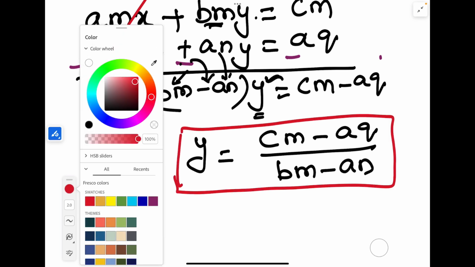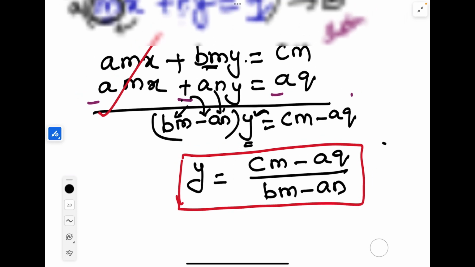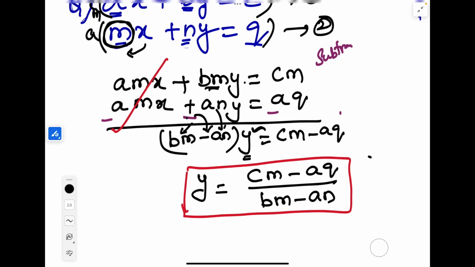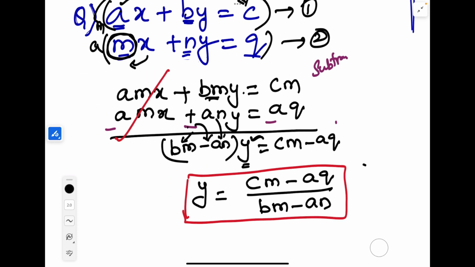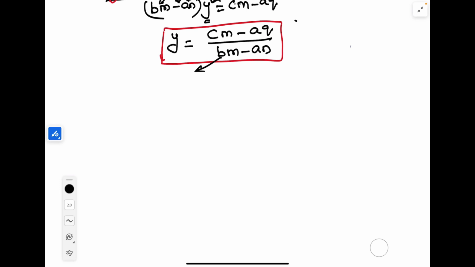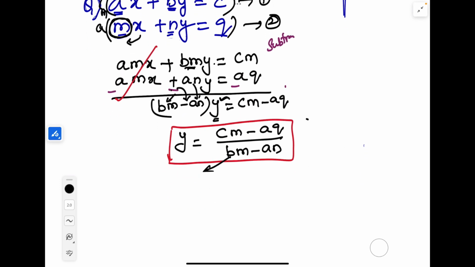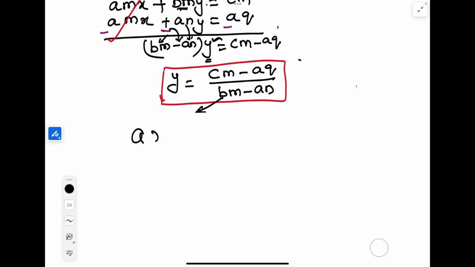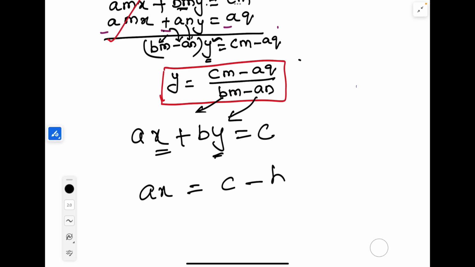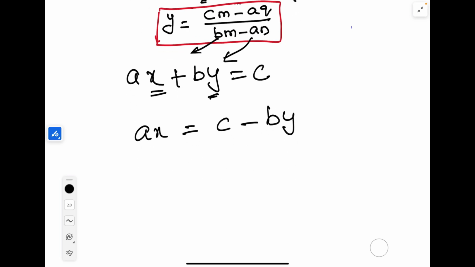Once we get the y value, we can easily find x by substituting this y in any of the equations. We got the y value. Now let us substitute in the first equation or the second equation. The first equation is ax plus by is equal to c. Children, ax is equal to c minus by. Okay, so x is equal to c minus by by a.